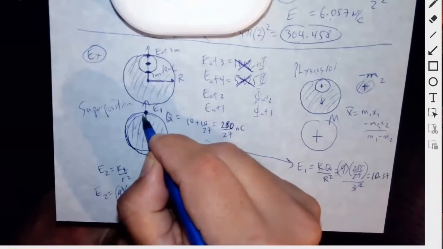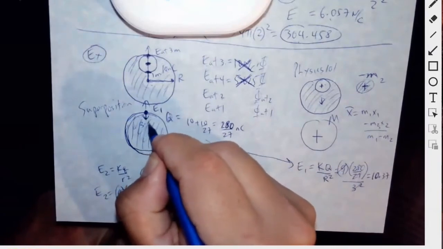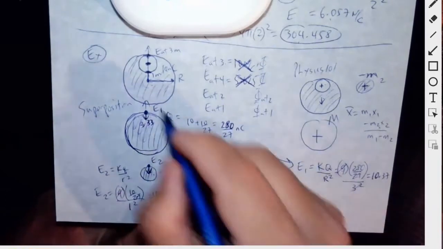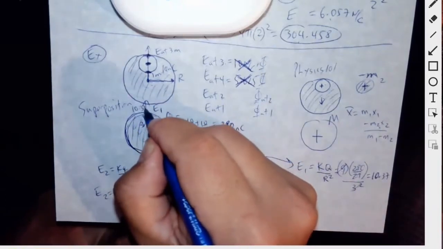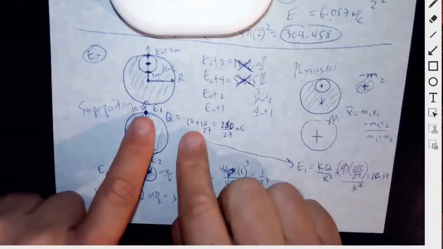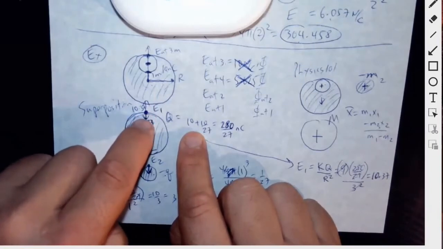So now, how are the two electric fields going to add up over there? This is 3.333, and then the E1 was 10.37. So now you add those. One is going outward, the other one is going inward. You see?